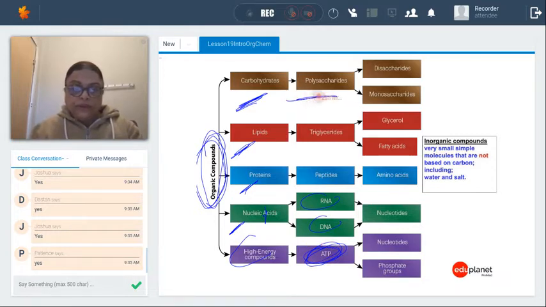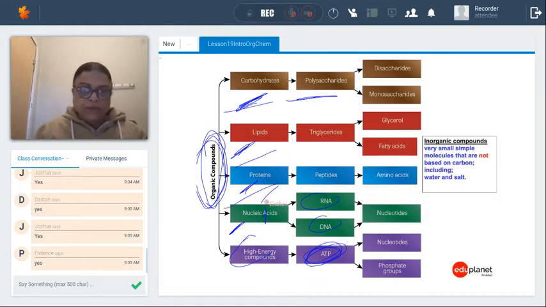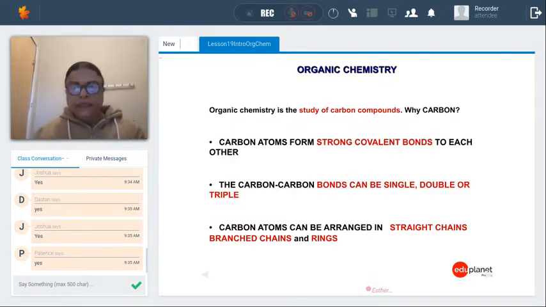So before we reach the stage that we can discuss carbohydrates and lipids and proteins from the chemical point of view, we need to cover some more ground before we get to these beautiful organic molecules. Okay, so organic chemistry.